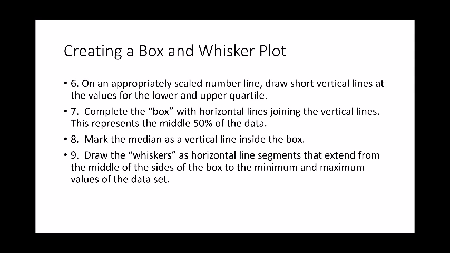Mark the median as a vertical line inside the box. Finally, draw the whiskers. The whiskers are the extremes. You go out to the lower extreme value and the upper extreme value, draw dots or lines, and then extend a line from each side of the box to each of those extreme values.